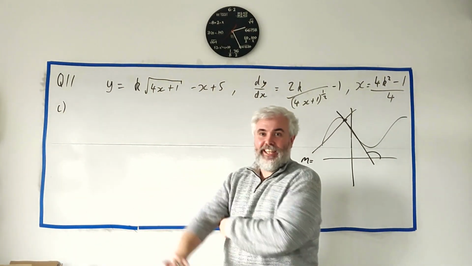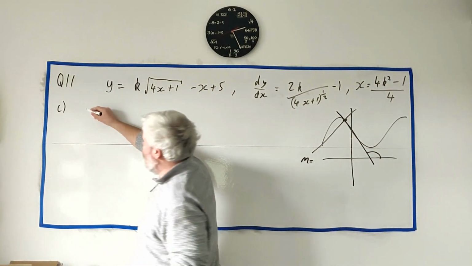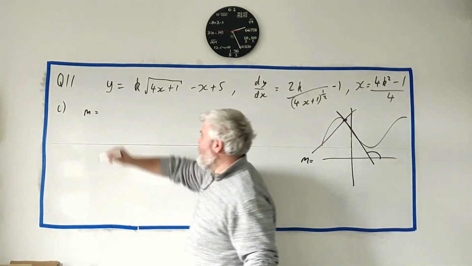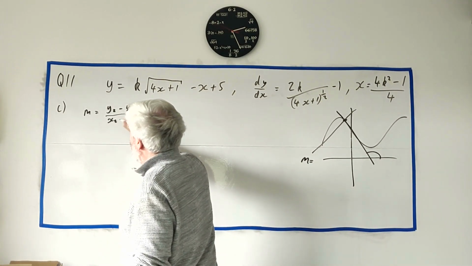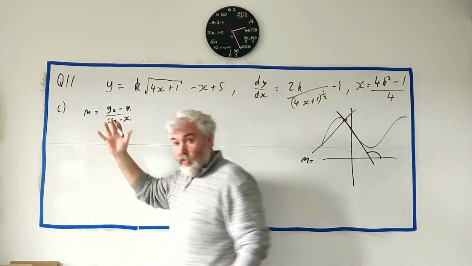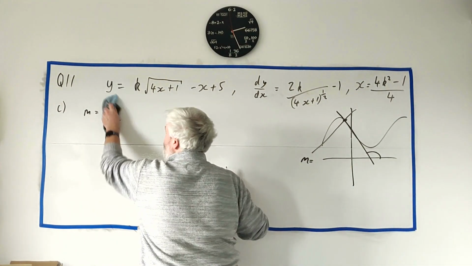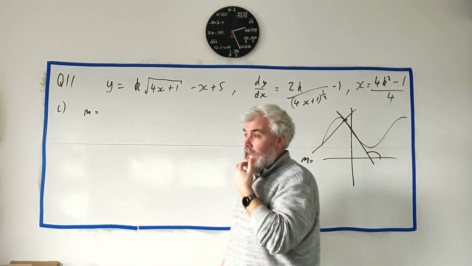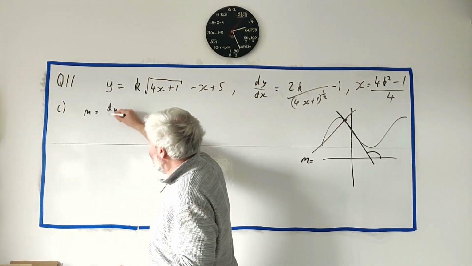The next thing I want to say is we should be thinking slope. And what are we thinking in slope? m equals. Lots of you probably think y2 minus y1 over x2 minus x1. That's okay, but in this question, no, that's useless to us. They haven't given us points. It's not coordinate geometry. Next thing we should be thinking about slope is dy/dx.